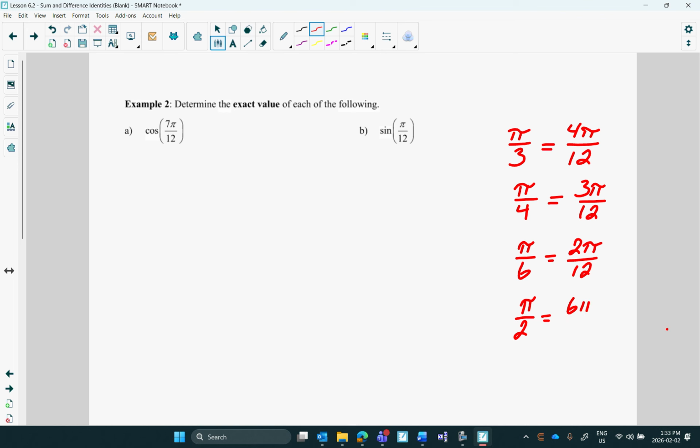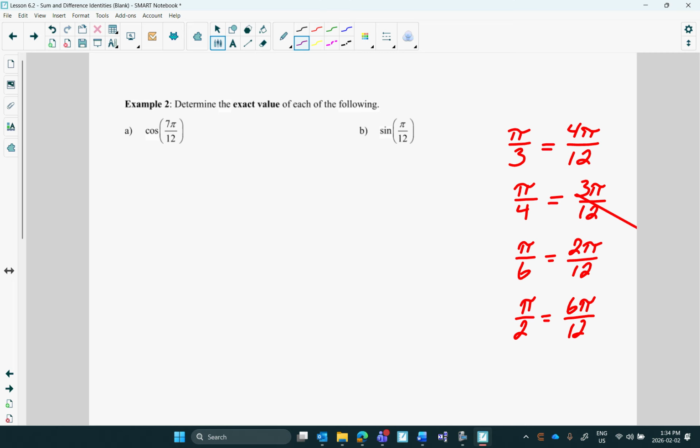And if necessary, I could go into the other quadrants. I could do 2 pi over 3. I could do 3 pi over 4. But right now, I converted them all to 12. Can you take any of these two, add them together, and get 7 pi over 12? Yeah, these two.